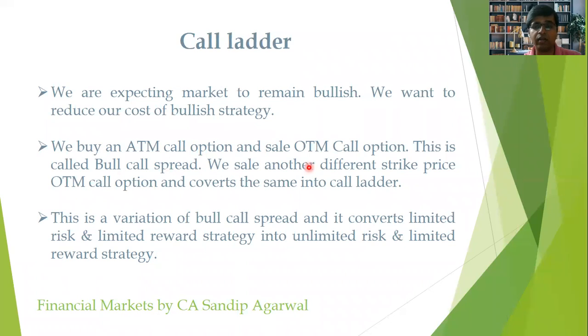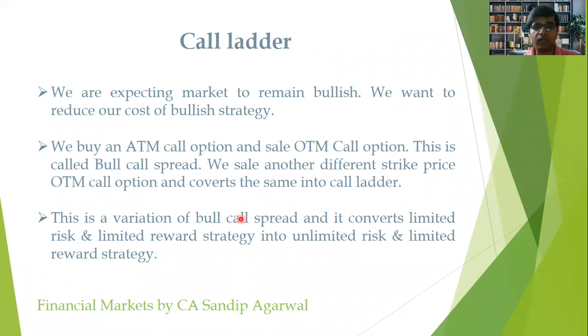Whereas in the call ladder, the person sells another OTM call not of the same strike but of a different strike. So in case a person sells two OTM call options against buying one ATM call option, then that strategy is called a call ratio spread. Whereas when the person buys an ATM call option and sells two different strike price OTM call options, then it is called a call ladder.